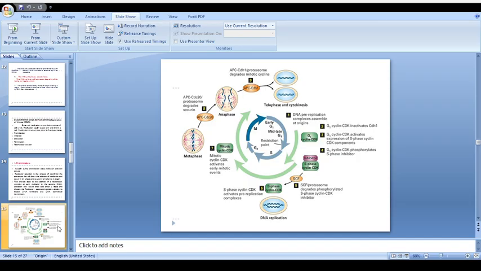So it is moving from the S phase to the G2 phase, and from the G2 phase only it moves to the cell division process. It goes to metaphase, anaphase, and telophase.